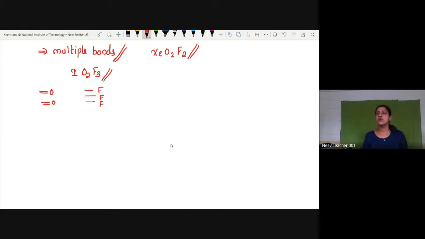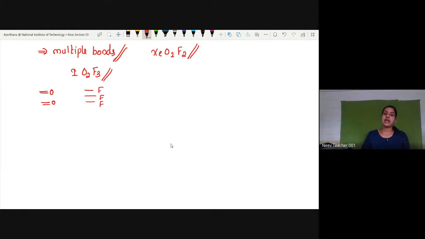As we know, the repulsion due to multiple bonds is greater than the repulsion due to sigma bonds or single bonds, because more electrons are shared when we form a double bond. So the electron cloud will be more present in multiple bonds than in single bonds, and the repulsion due to a multiple bond is much greater than in the case of sigma bonds.